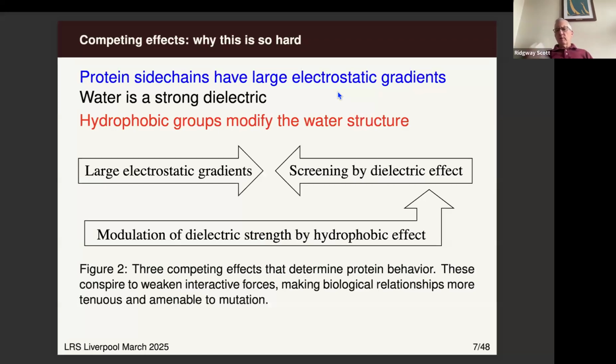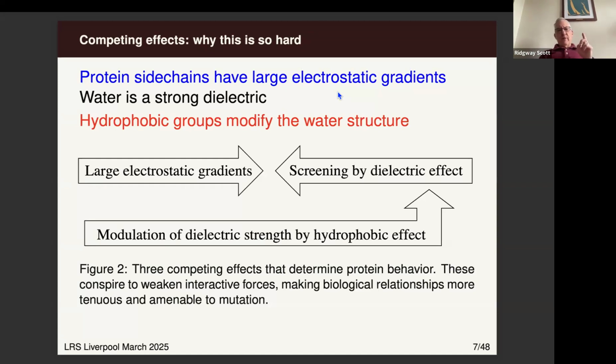They'll have a +1 or +2 charge, and it might be just right next to it as a -1 or -2 charge. And those charges are small, on the order of an electron. You'd say, well, why is that such a big deal? Well, but they're so close to each other. So you go from plus to minus so quickly. So those are very big electrostatic gradients.